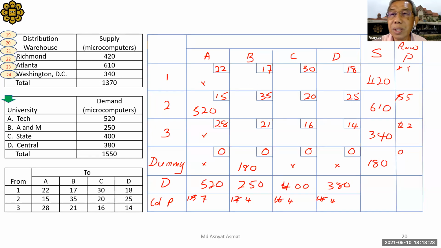We are going to recalculate the penalty. Okay, this one, 1. Agree? The first row 1. Row 2 still 5. Row 3 still 2.